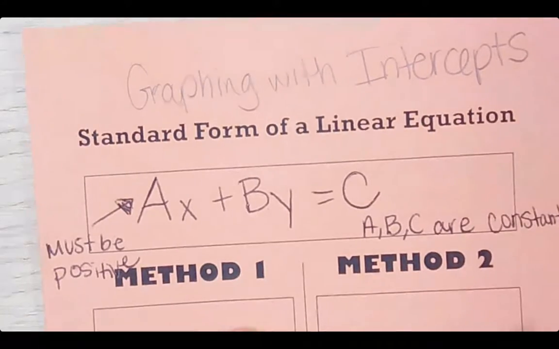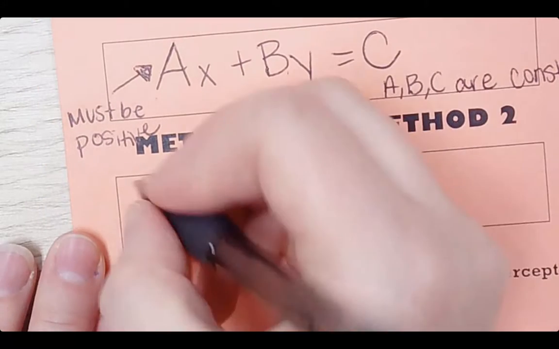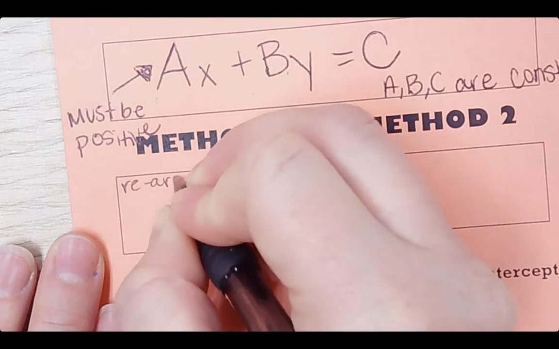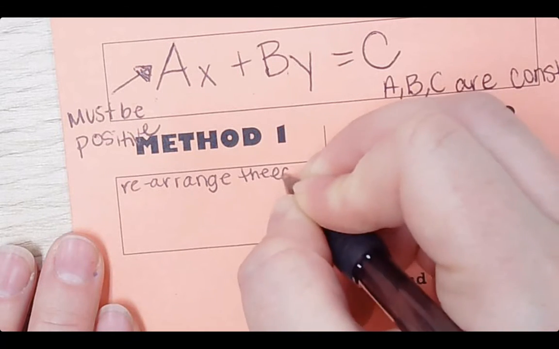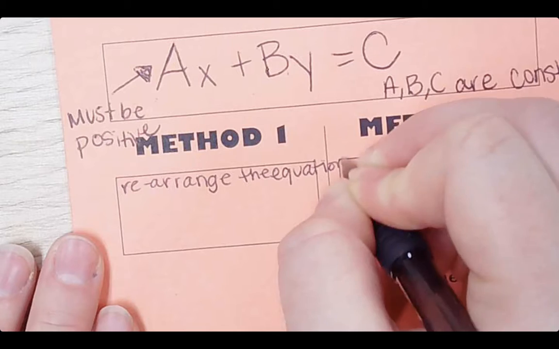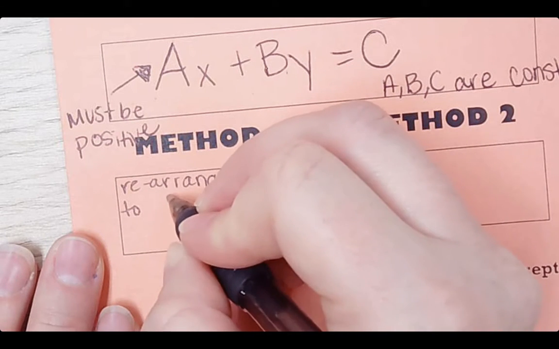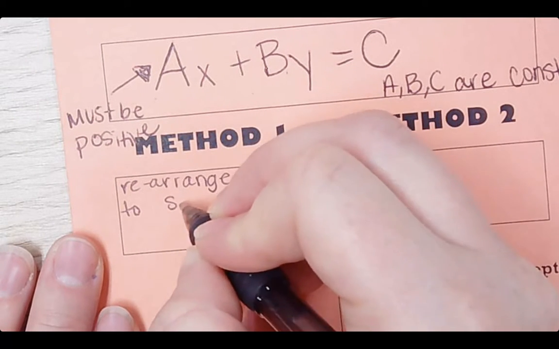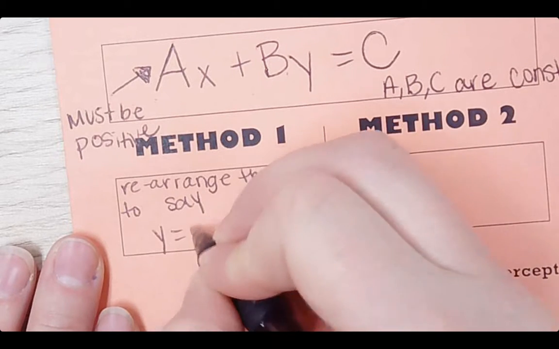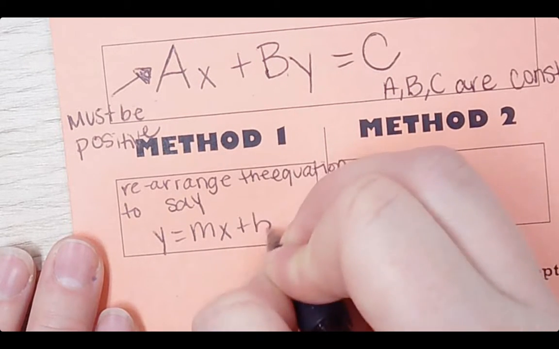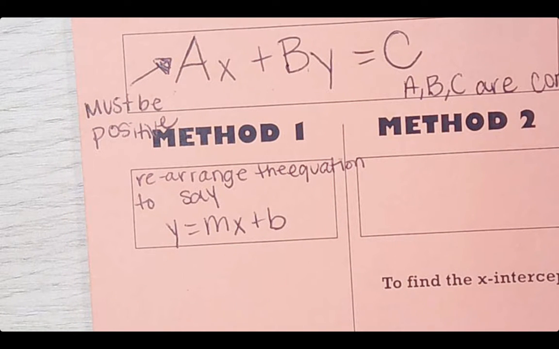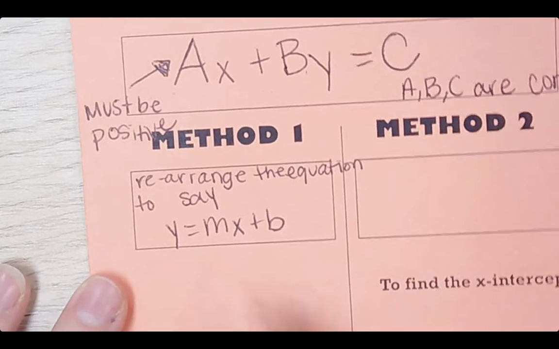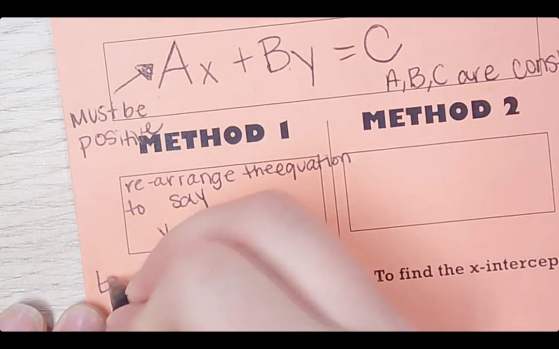The first way is we are going to rearrange the equation to say y equals mx plus b. That's your slope-intercept form. And we've practiced this a little bit. We're solving for y.